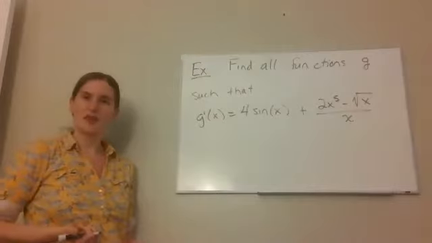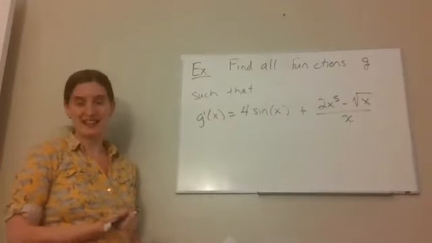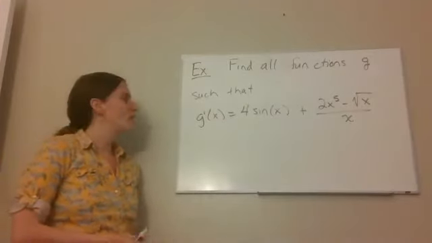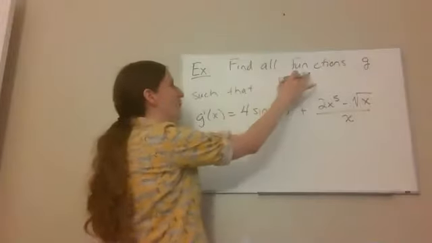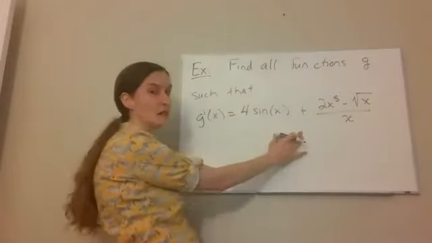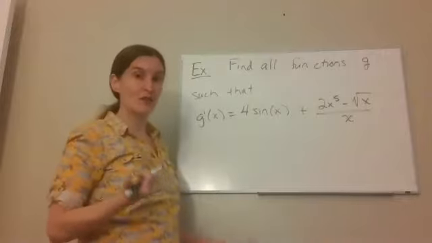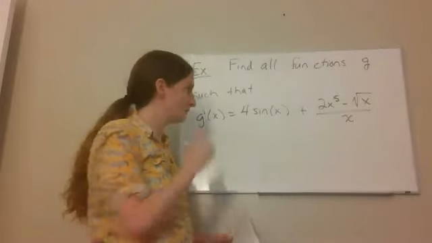That's a pretty complicated derivative, and I have to find the antiderivative of this. Notice they're asking for functions that when I take the derivative, I get this result. So finding the antiderivative is exactly what I need to do.